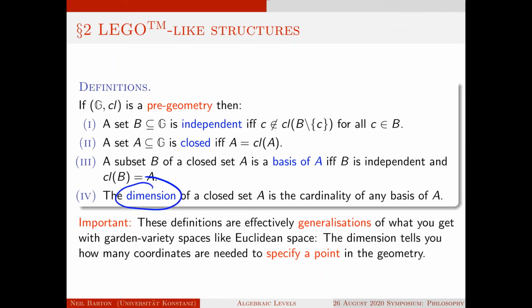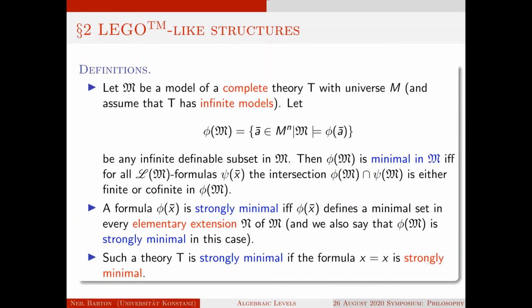And you can think of this notion of dimension as the number of coordinates you need to specify a particular point in the space. So this is a kind of model theoretic generalization of some definitions that you get in other parts of mathematics.